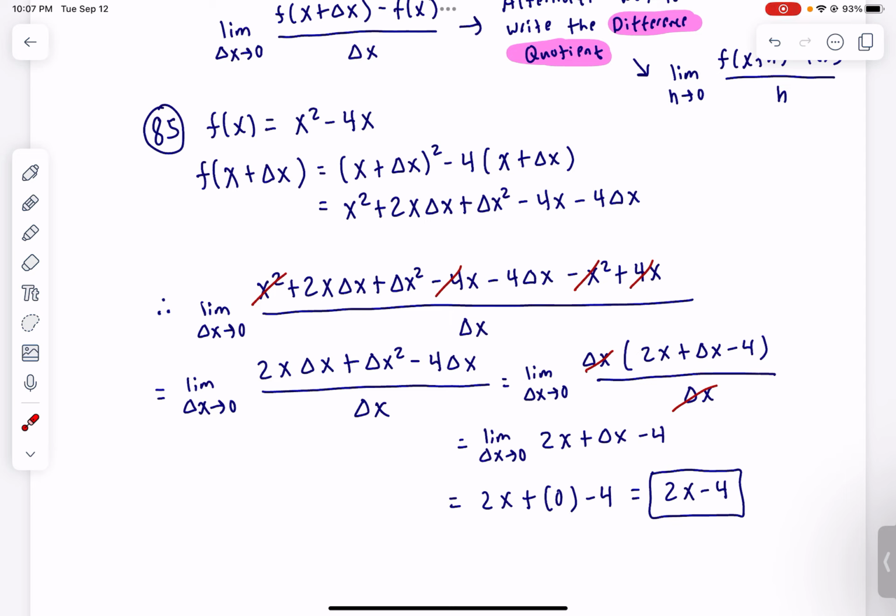Okay, so after going through these examples today, I just want to go ahead and go back to our homework and talk about the ones that you should be able to complete.